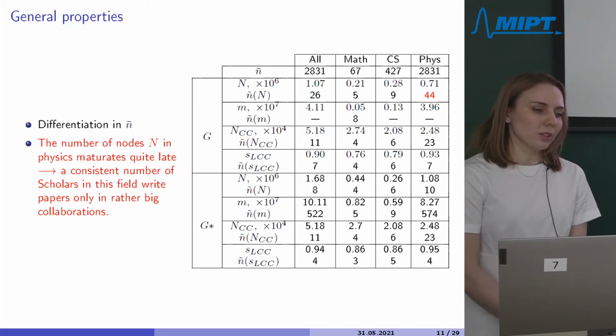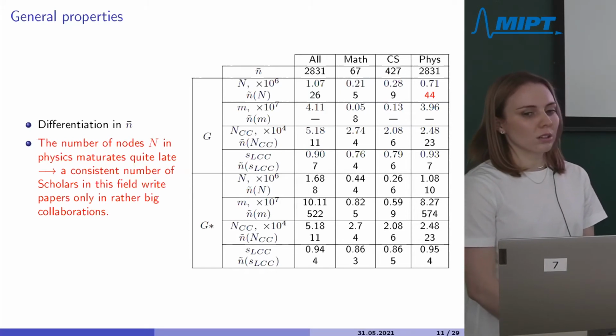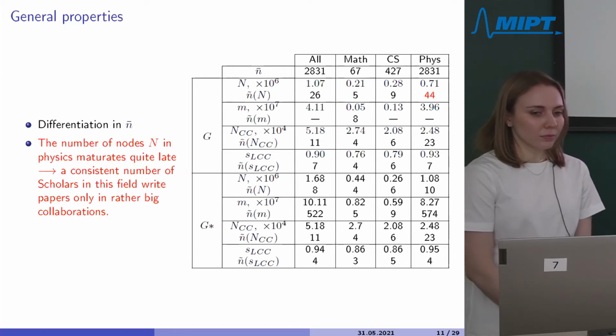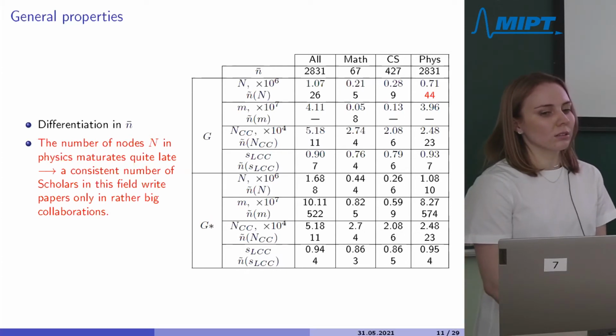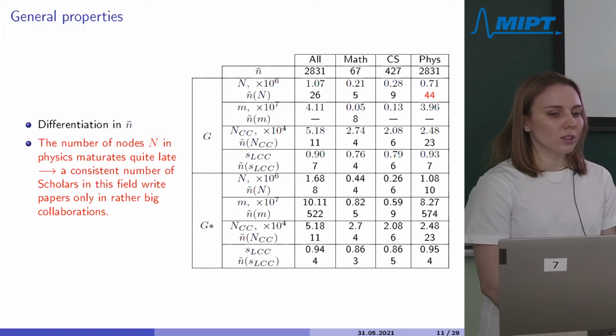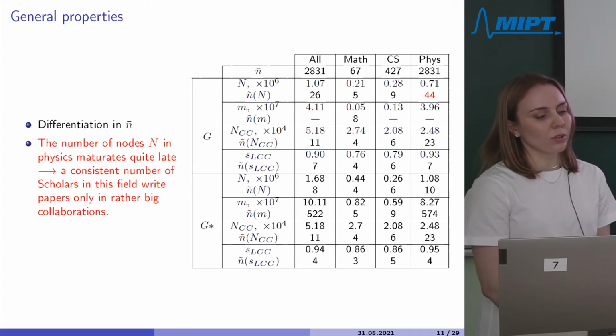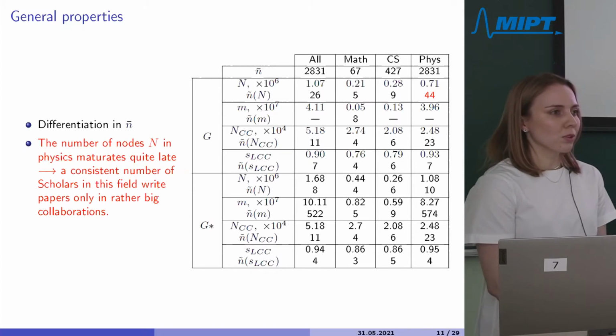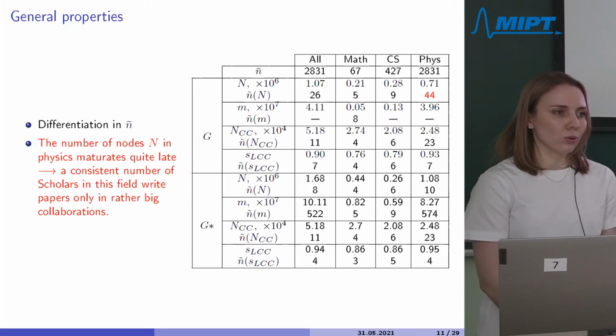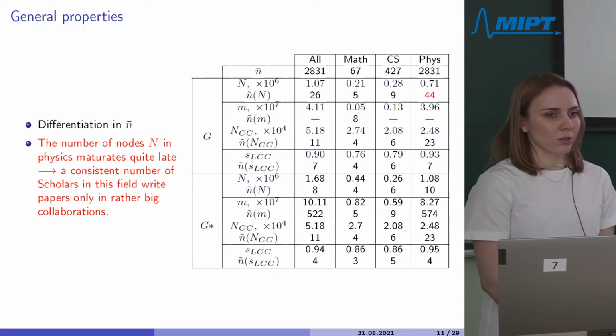Moreover, in physics, we see that the number of nodes maturates rather late, and this shows that in physics a considerable number of authors write papers only in huge, rather big collaborations.